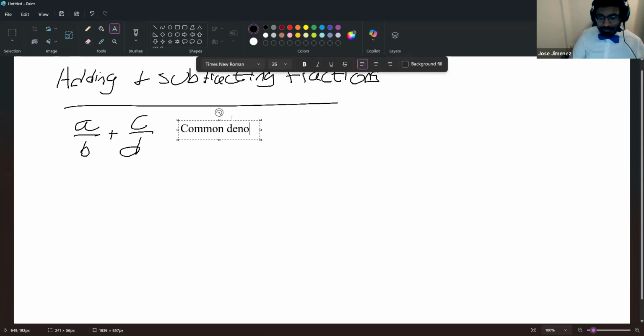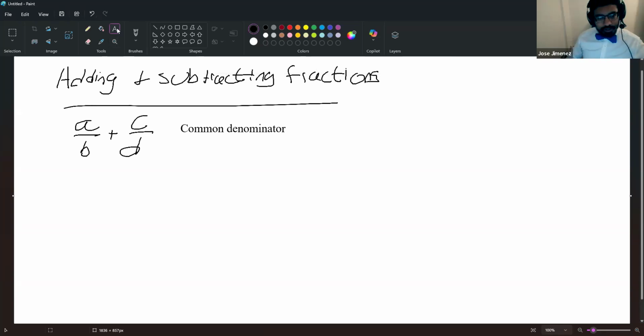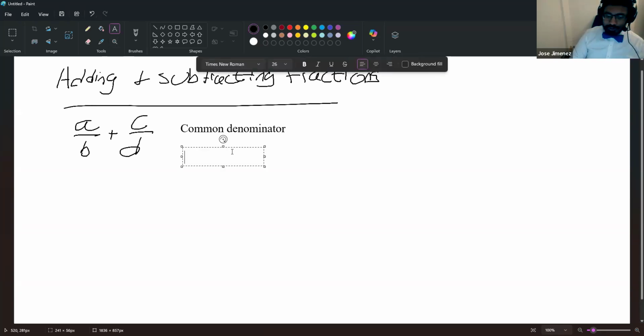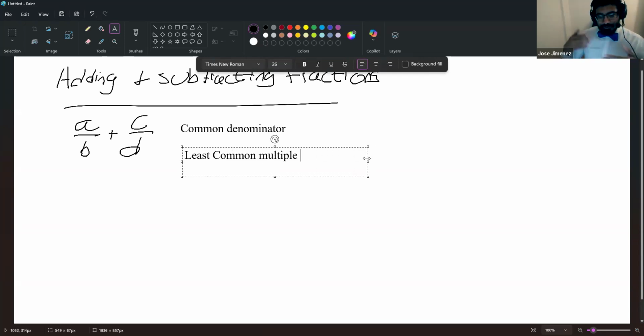We need a common denominator. The way we're going to obtain that is usually you want to look for something called the least common multiple or least common denominator, because that will allow us to get the denominators to be the same.